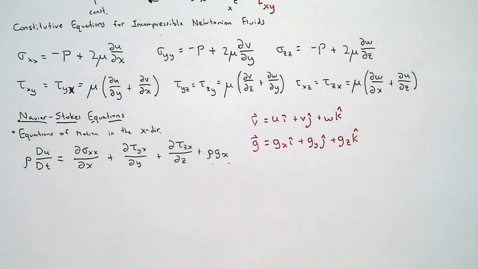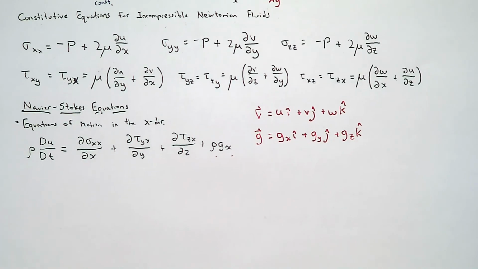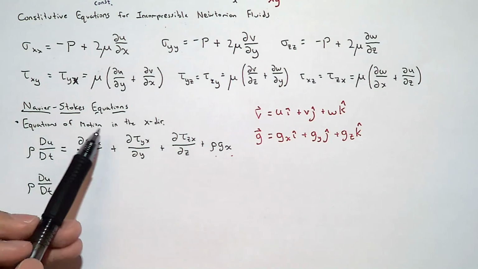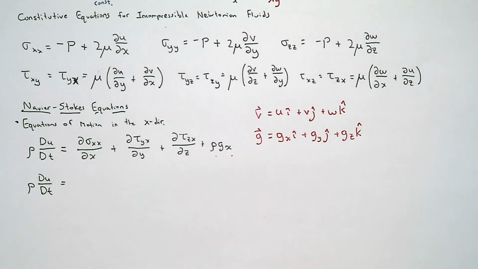Now, if we were to apply the constitutive equations into this equation of motion, what do you think we need to start changing or doing? So we know we have the mass times acceleration per unit volume. So what will we have here for our first stress term?